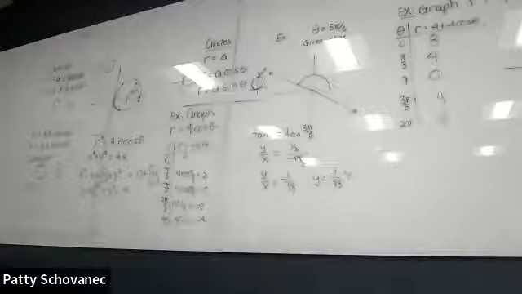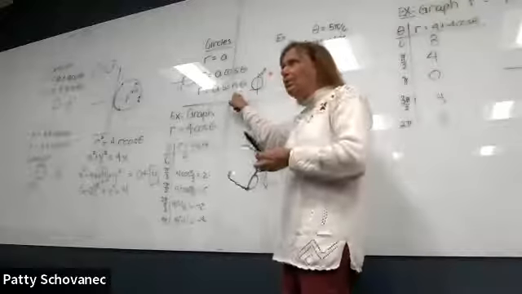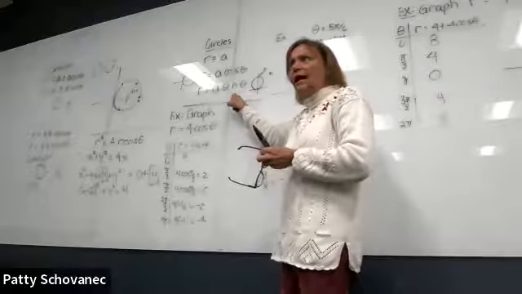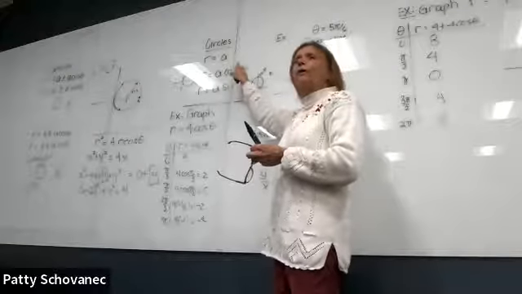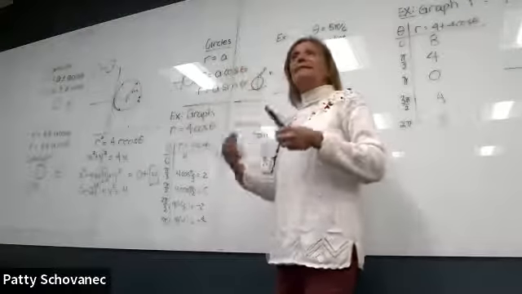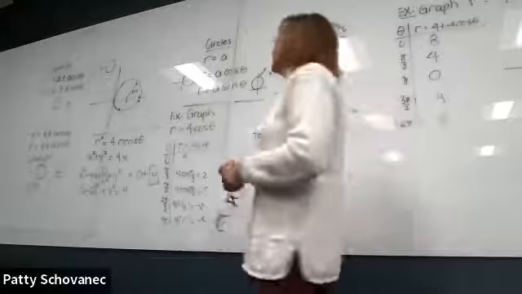The next one I want to draw takes these equations here and uses a multiple angle instead of a single angle. So if I put a 2 in front of the angle, or a 3, or a 10, it makes a similar picture. And we're going to call those rose curves.